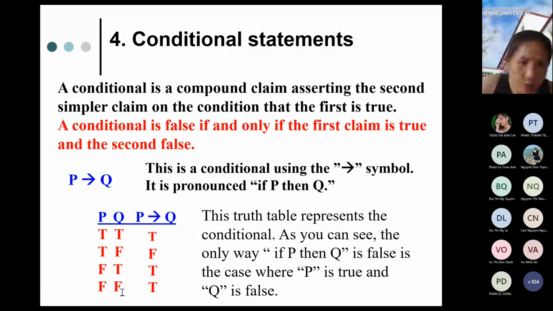Look at the table here. We list the 4 possibilities of the value for P, Q already. In the second row, the first is true, the second is false. Therefore, the conditional is false. The remaining cases are true. This is the rule of conditional statements.